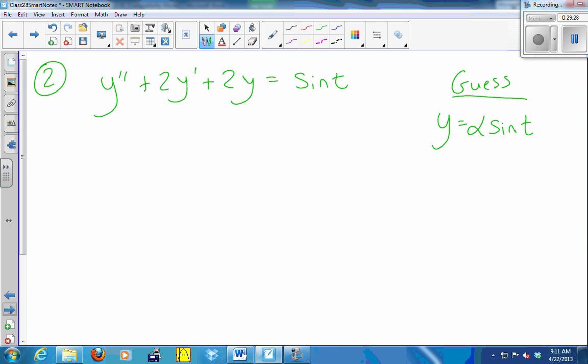So if we try this, y double prime is going to be negative alpha cosine t, negative alpha sine t, plus 2 alpha cosine t, plus 2 alpha sine t, and we want to make that equal 1 sine t. No matter which one you choose, alpha sine or alpha cosine, it's going to introduce the other trig function into your equation.